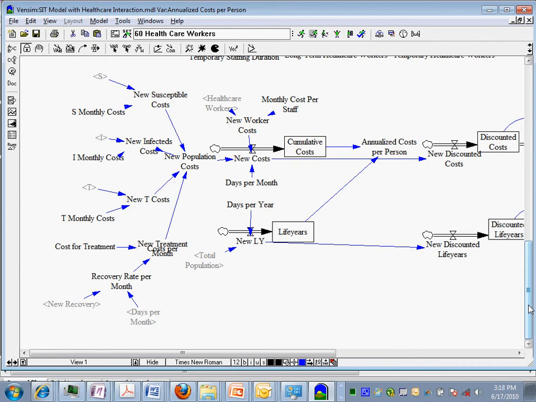And if it's 1,000 a day and each of those people costs $10 for treatment, that would be $10,000 for treatment per day. That makes sense? 1,000 people per day, $10 per treatment per person. Yeah. $10,000 a day treatment costs.